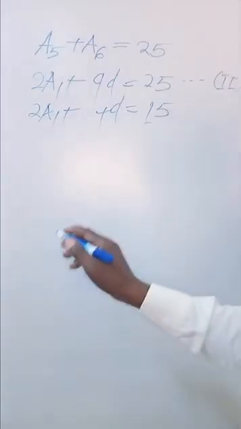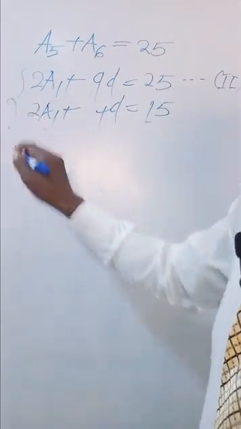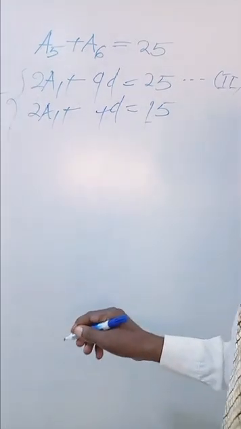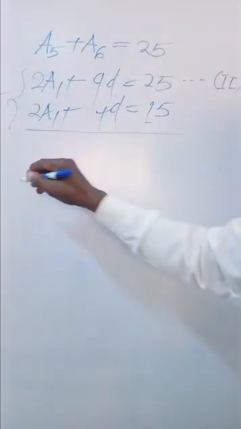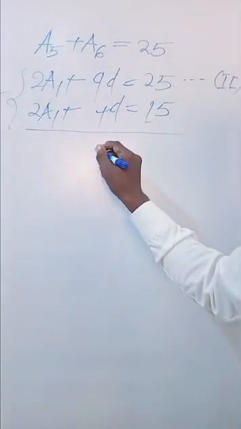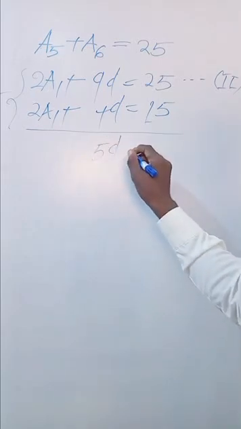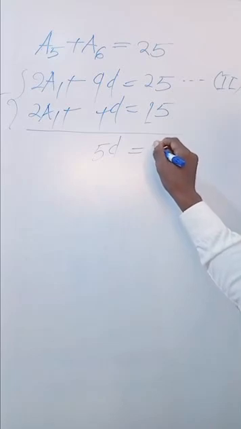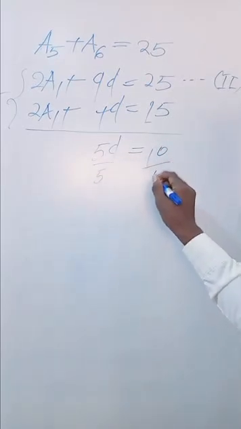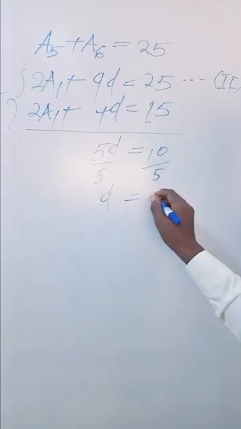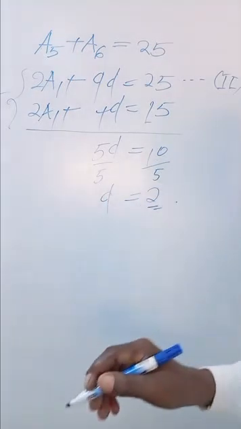So what do we do from here? We simply subtract equation 1 from equation 2. And what shall we get here? We get 0. Here we get 5D. And here we get 10. So dividing by 5, we get D equal to 2.